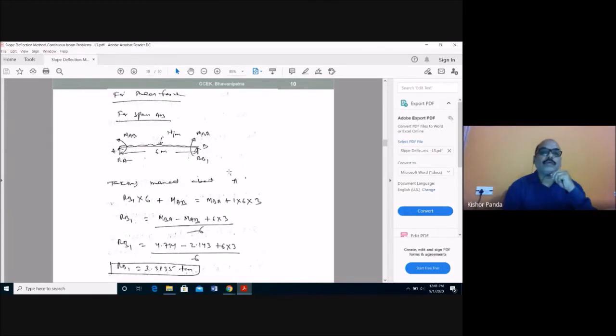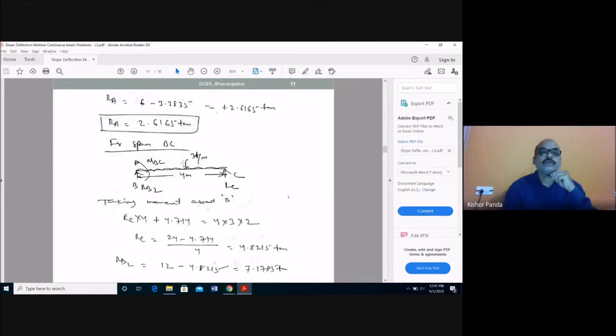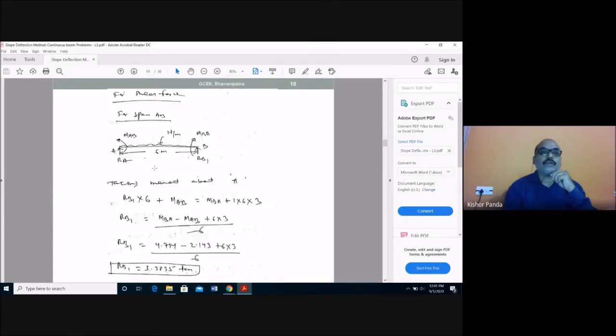Using this rule, you will find the reaction RA, 2.6165 ton. So here you got the reaction at A, and here the reaction RB1 for span AB.